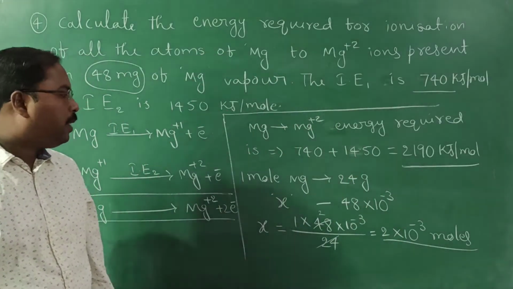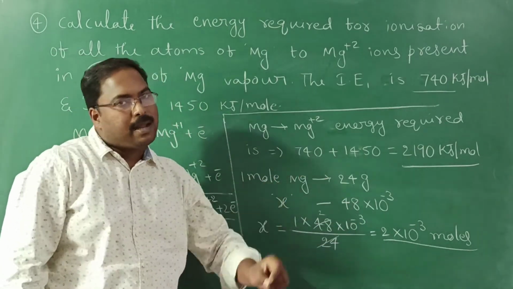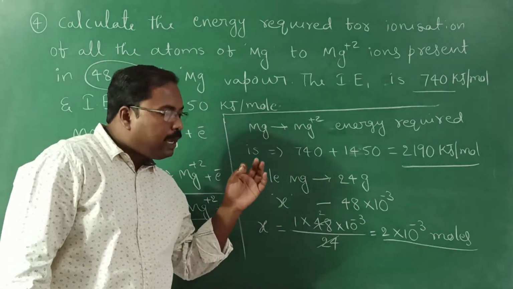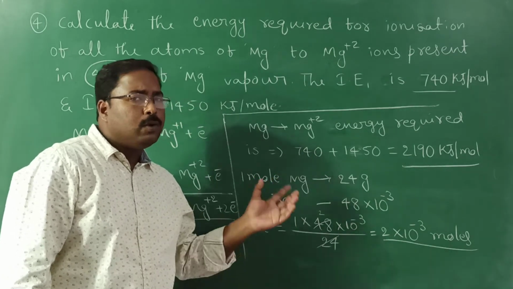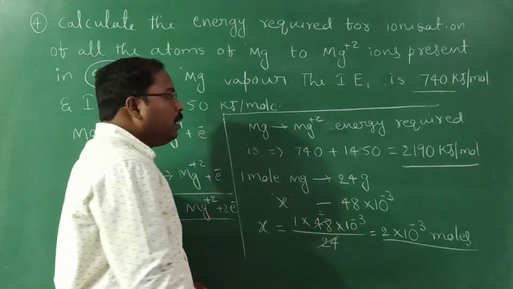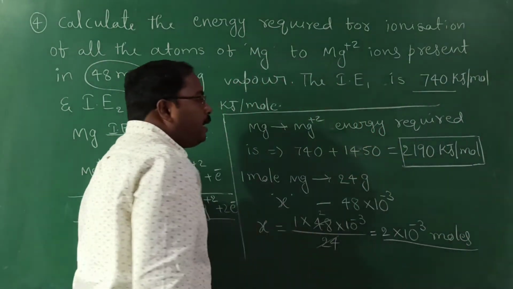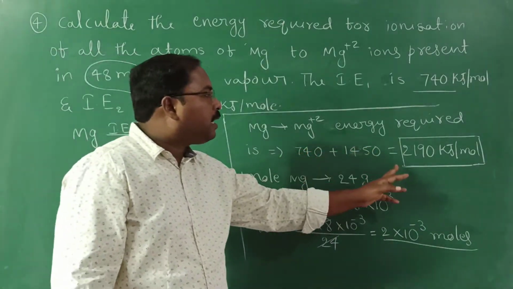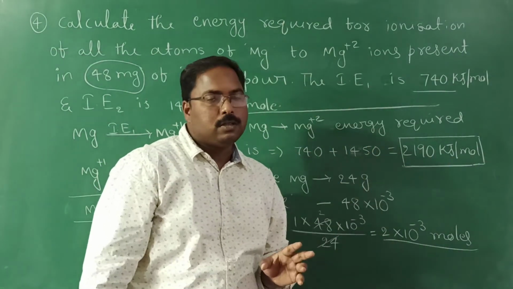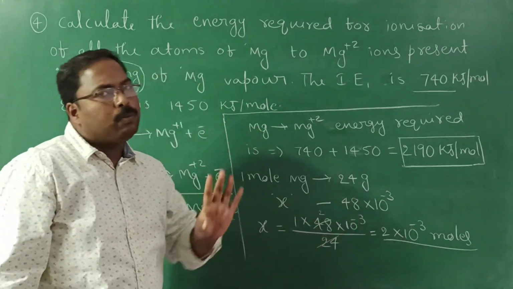Okay. Whatever mass they gave, 48 milligrams, I converted that mass into moles. Why are we converting that mass into moles? Because we calculated the total energy required in terms of moles. That is why the given mass also we converted into moles.